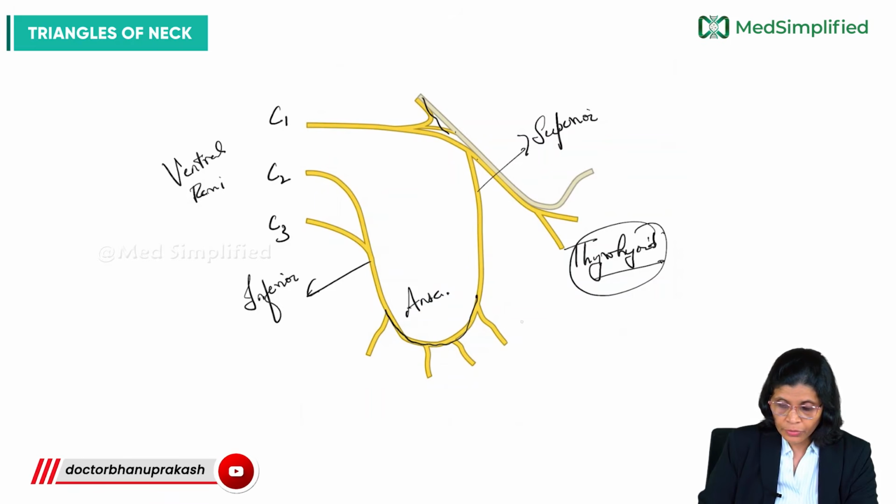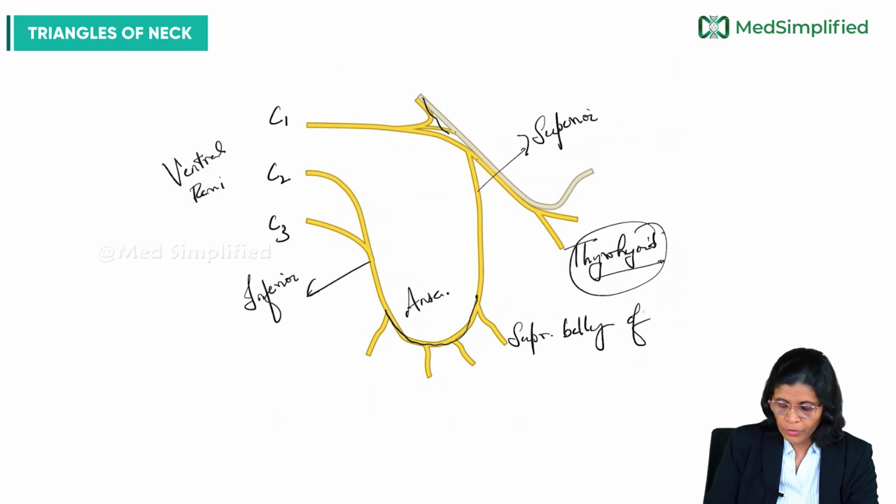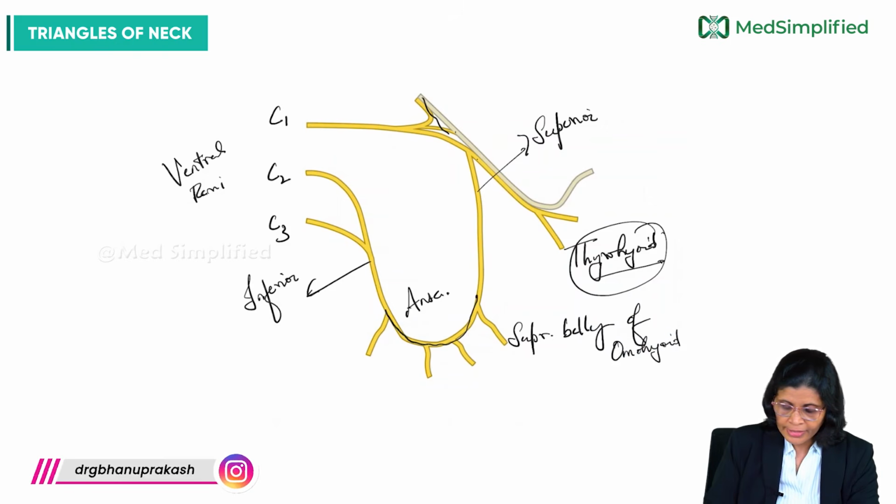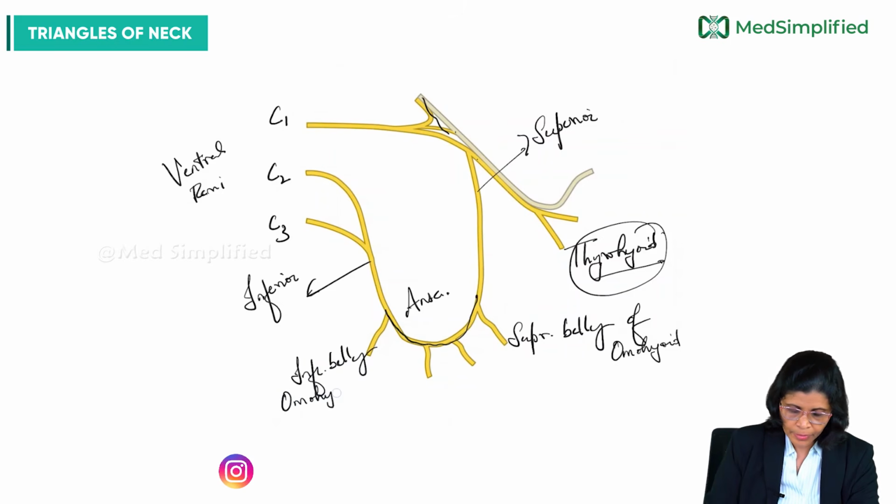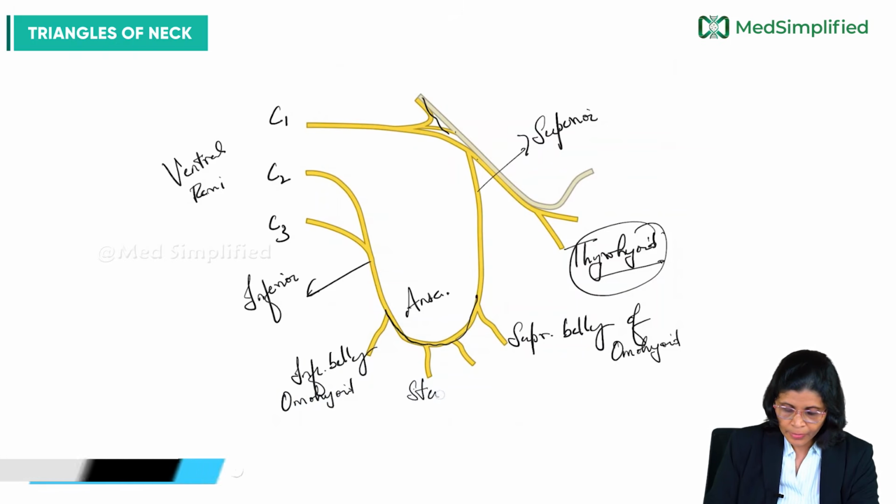The superior root supplies the superior belly of omohyoid, whereas the ansa supplies the inferior belly of omohyoid, then sternothyroid as well as sternohyoid.